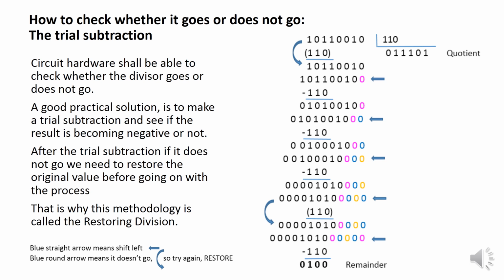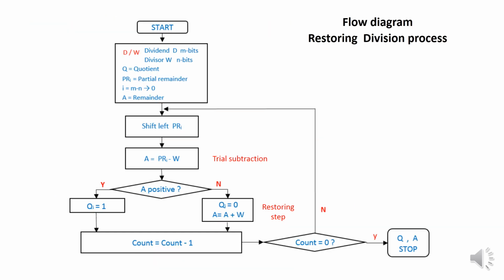This process is shown in the following flow diagram. This is the flow diagram of the restoring division process. This is the shift left of the partial remainder. And this is the trial subtraction step. If the result is positive, it means it goes, so the quotient digit is 1.